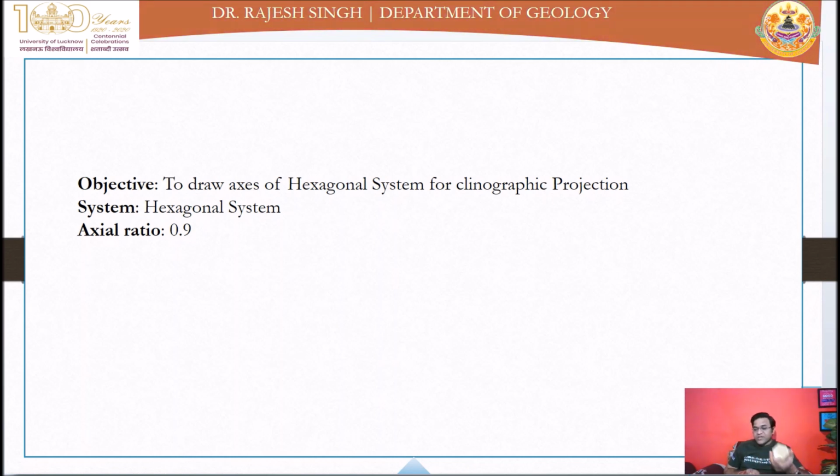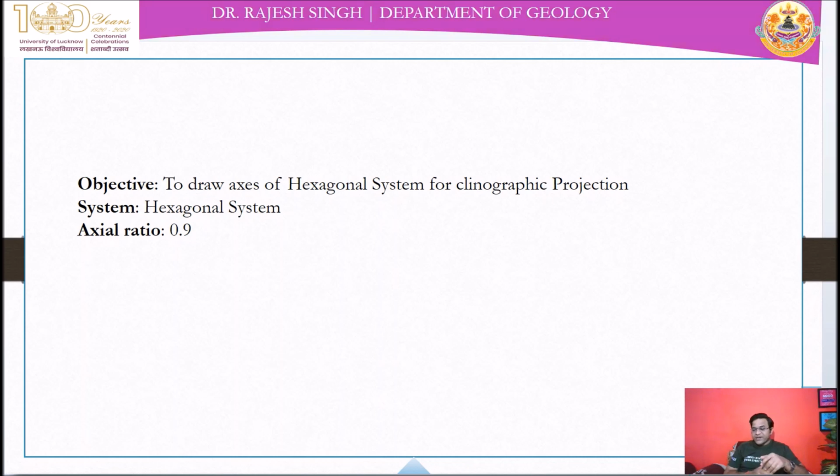Hexagonal systems have four crystallographic axes: three horizontal axes and one vertical axis.